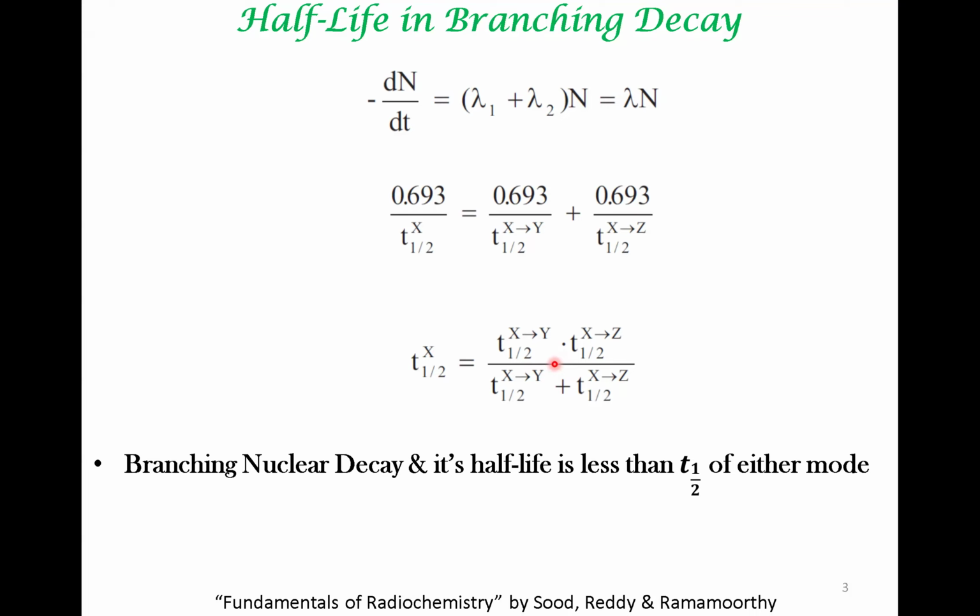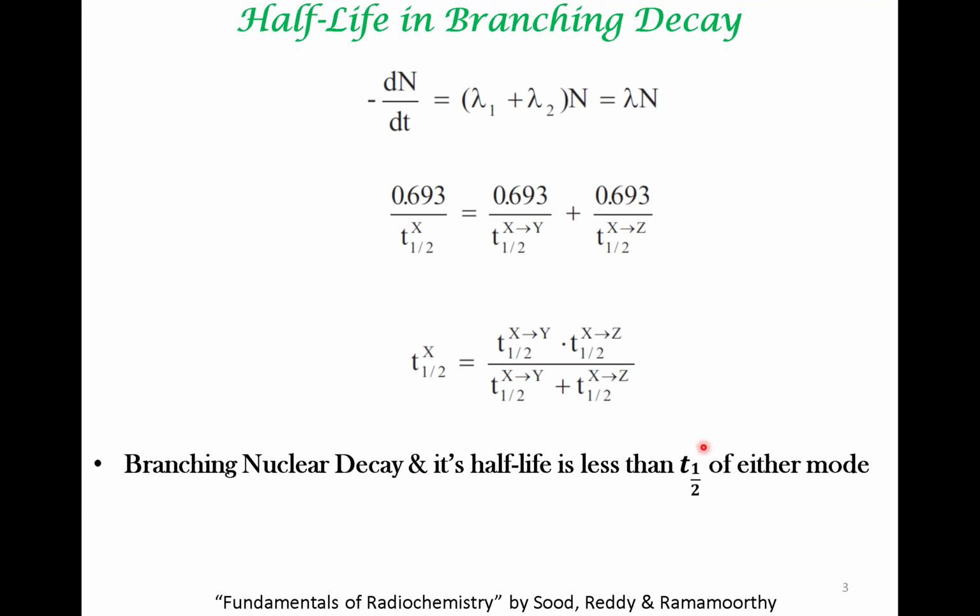It's intuitively obvious that because lambda is lambda 1 plus lambda 2, the half-life of the material is always less than the half-life of these two quantities, right? So if it can decay by more than one mode, then the propensity to decay is increased when you add the number of modes. Therefore, this statement is true.